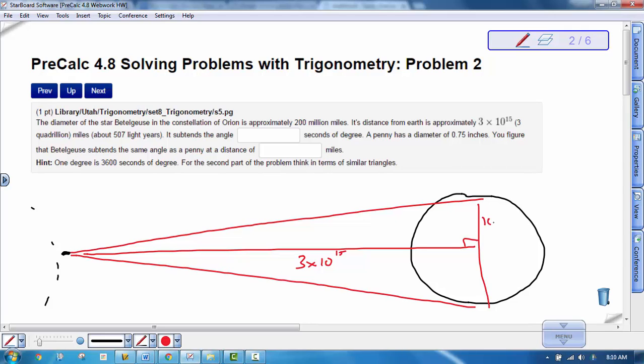This is 100 million, half the diameter, or 1 times 10 to the 8th, which makes it a little easier, scientific notation for both. Then it wants this angle right here, so we have to find the little one and then double it again.